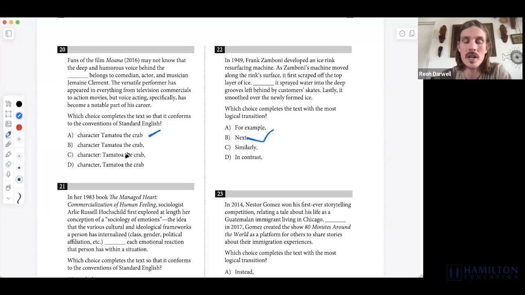We don't want to make the crab a non-essential phrase. We don't want to change anything here because this is a noun, basically, this is the subject, a noun. So that all needs to be all together. It all is essential, right, to identifying the character. So it cannot be separated.